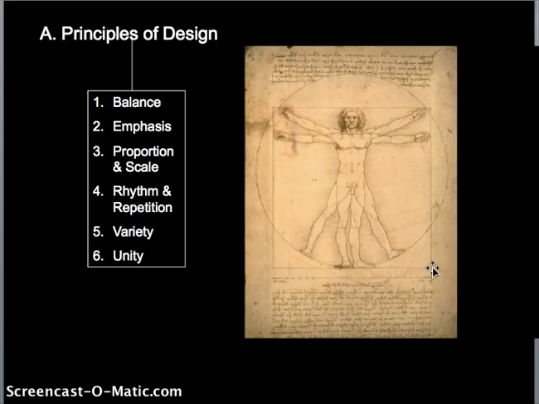But basically, I chose this example to illustrate the principles of design, because everything's in proportion. Because of how he superimposed the two figures, there's kind of a rhythm and repetition, and there's also a sense of variety, and of course it is a cohesive whole. So that's our unity.